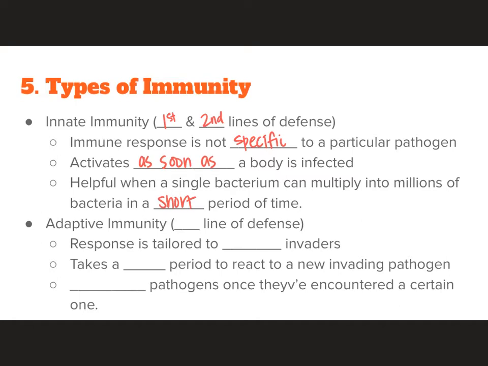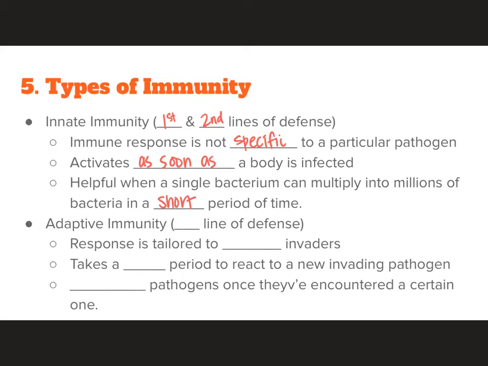If they don't react right away, you're giving them enough time to multiply and invade your body, and we don't want that to happen. Because some bacteria can multiply quickly, within a minute or two, or maybe within hours, you want your innate immunity to kick in and help you out in taking care of these bacteria.